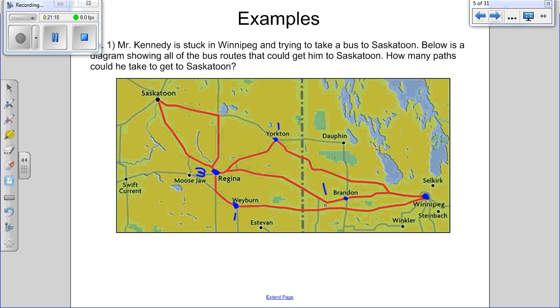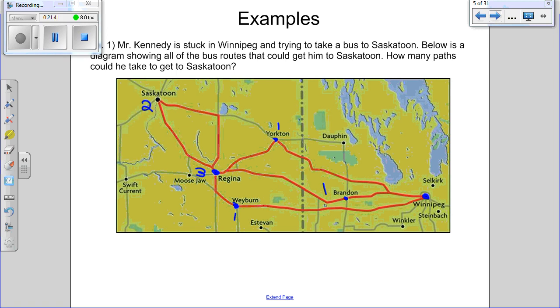Now I ask myself, if I was in Regina, how many ways could I get to Saskatoon? I could go up and over, or over and then up. So there'd be 2 ways to get into Saskatoon from the previous city I was in. Then you multiply all your possible routes.